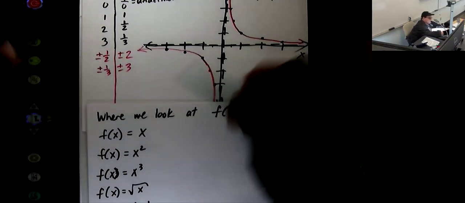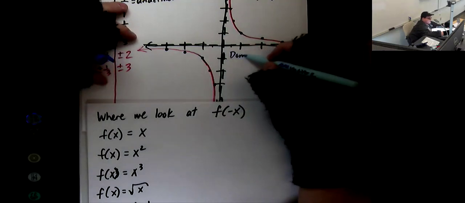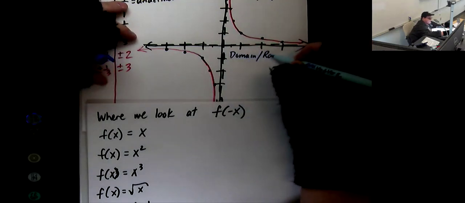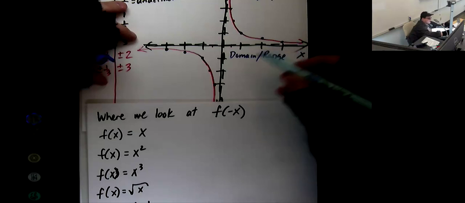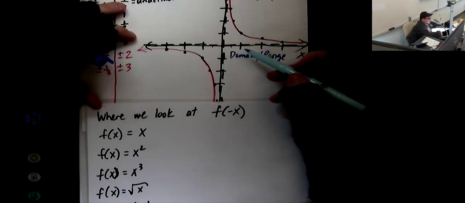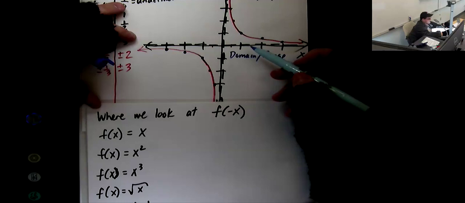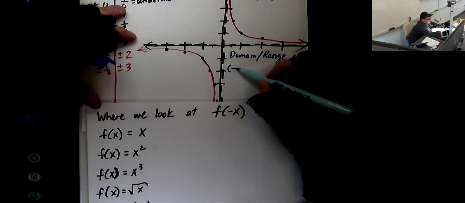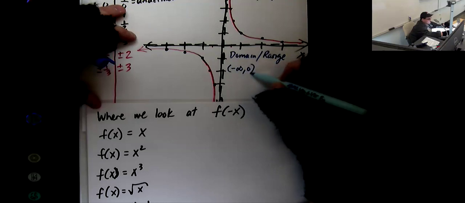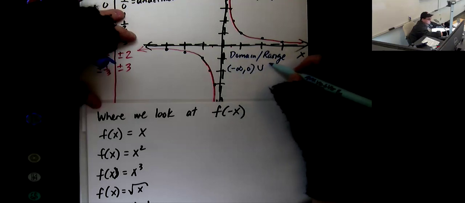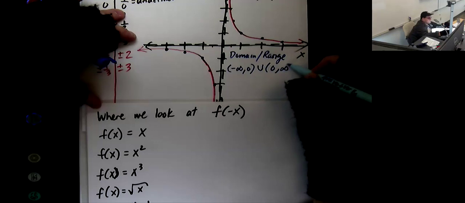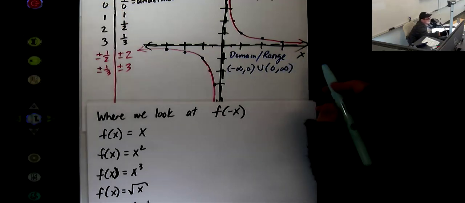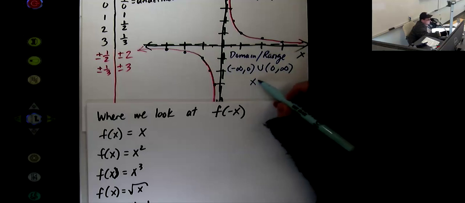So domain and range both: the only number it can't be is 0. Which means in interval notation, we do negative infinity to 0 in union with 0 to infinity. That is a terribly boring math way of saying x can't equal 0, y can't equal 0.